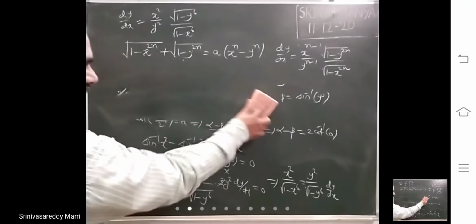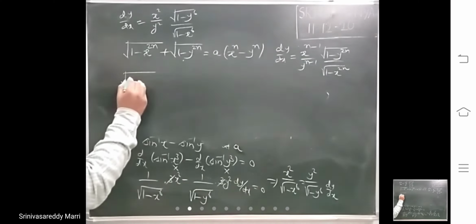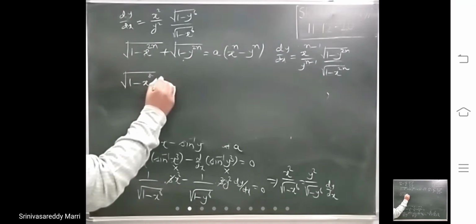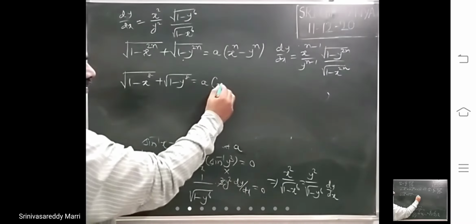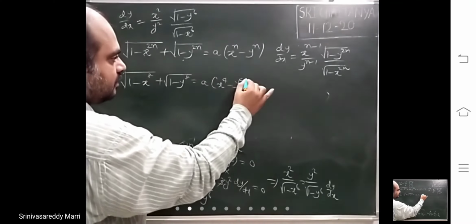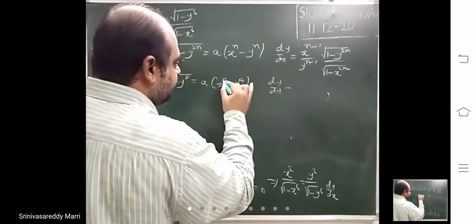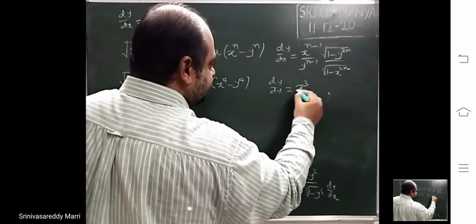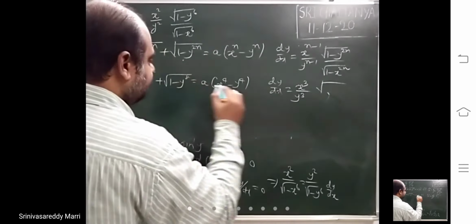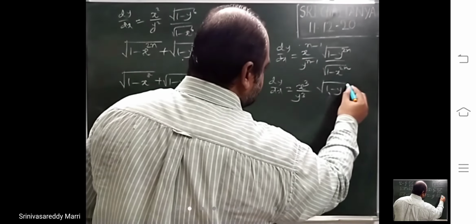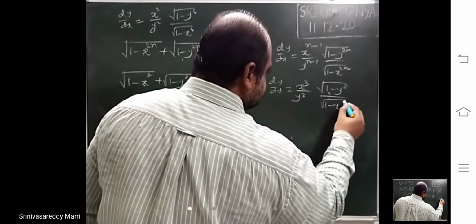Suppose how to use this shortcut, you see, you will get it directly in the exam. If the same model comes, you have to do it like this. So for dy by dx, directly write the power 1 less than this, x square, divided by 1 less than this, into the same root, this is the answer.